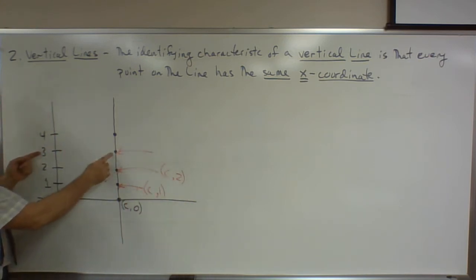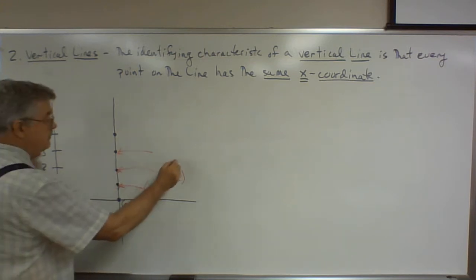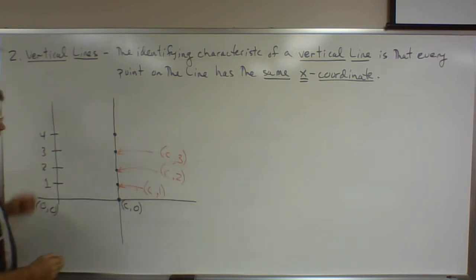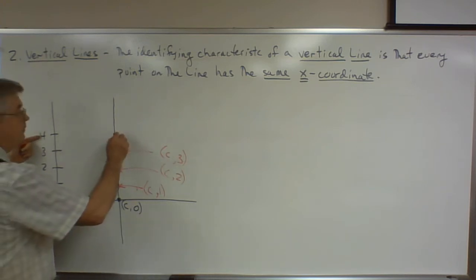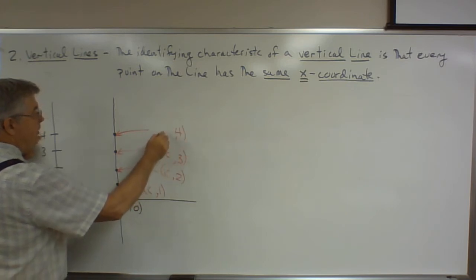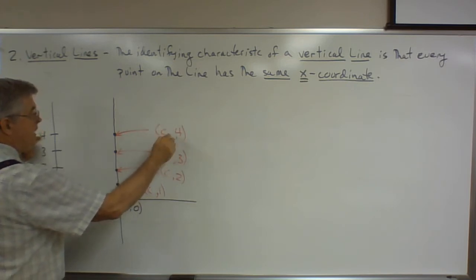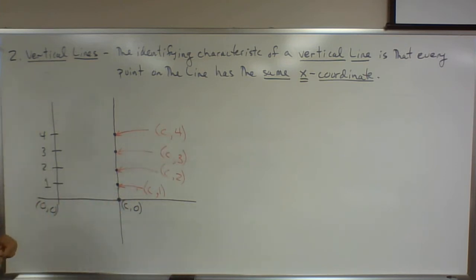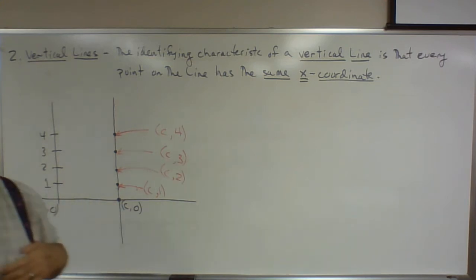The y-coordinate of this point is 3. The x-coordinate is c. The y-coordinate of this point is 4. The x-coordinate is c. Every point on this line has the same x-coordinate. X equals c.